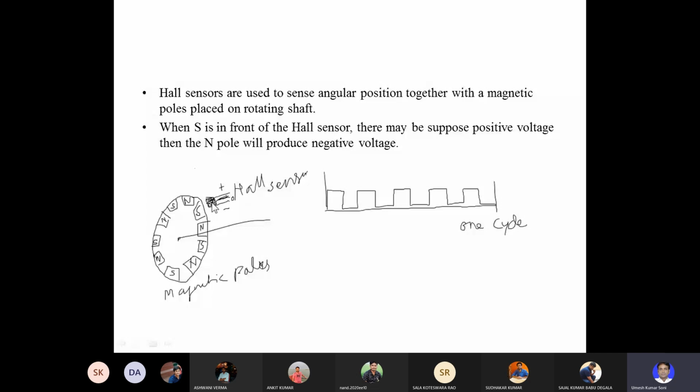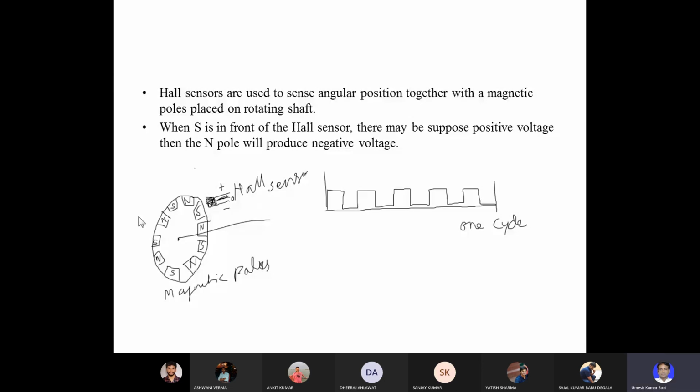Whenever this IC senses high logic for S pole, then it will provide low logic for N pole. Sometimes the IC is designed such that it will provide high logic for N poles and low logic for S poles. So there are two types of Hall sensor IC.